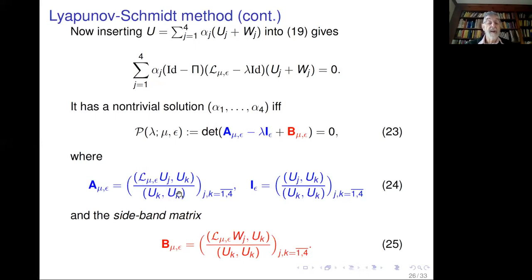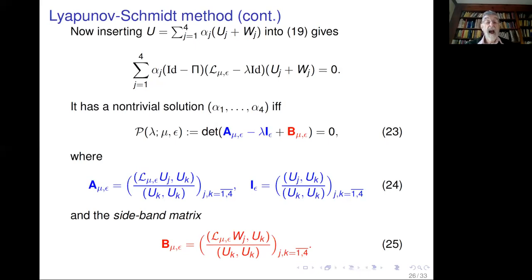We end up with a 4x4 matrix, and we basically look at the eigenvalues of A plus B. It's just the linear operator in an inner product of u_j, u_k, and this denominator is just a normalization, practically almost equal to 1. And this is almost the identity 4x4 matrix. And then you have this junky term, which is unpleasant.